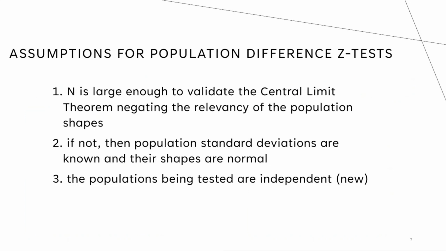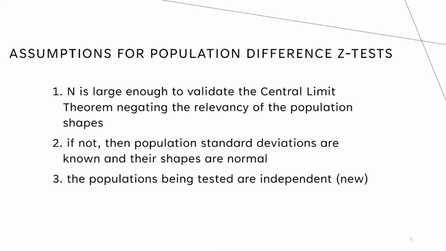Alright, so assumptions for population differences for z-tests. Again, this is very much on par with what we've been looking at. N is large enough to validate the central limit theorem being used, negating the relevancy of the population distribution's shape.